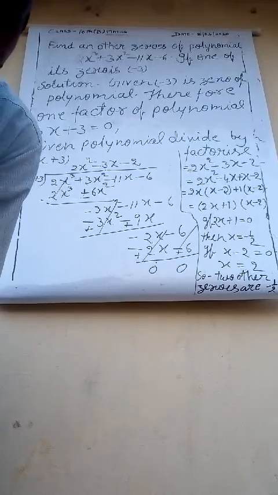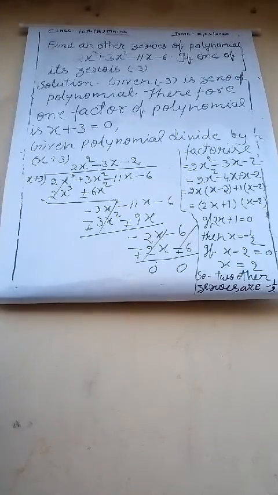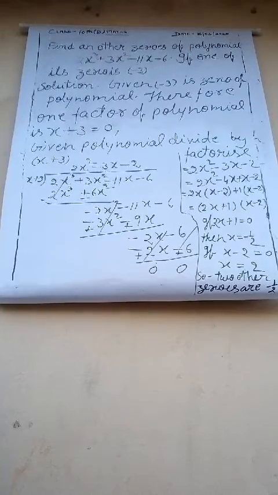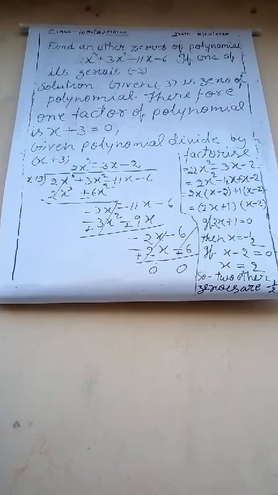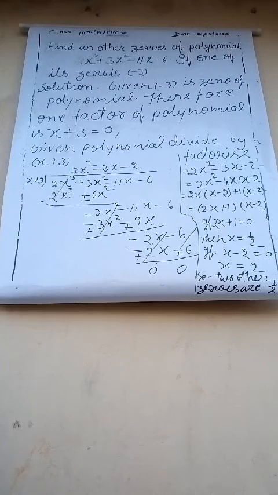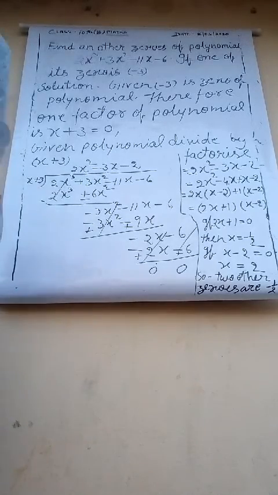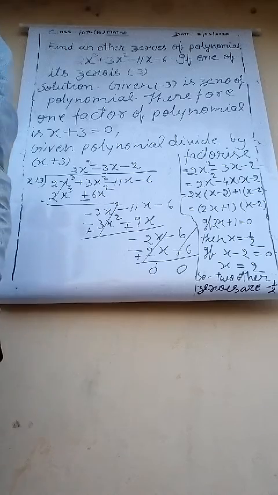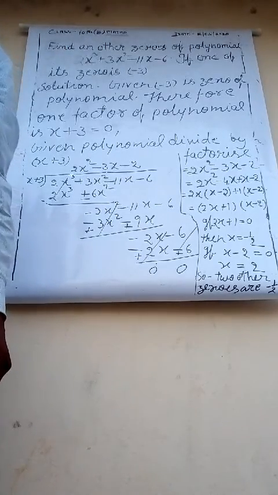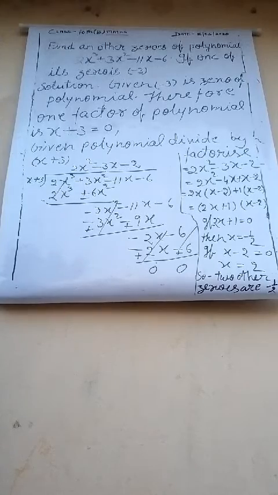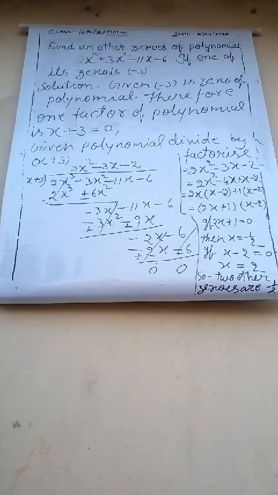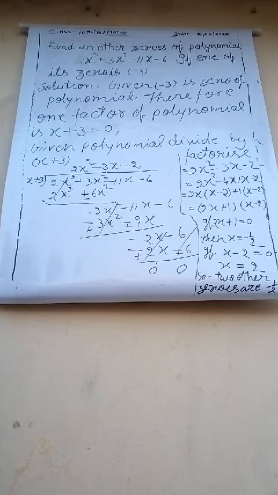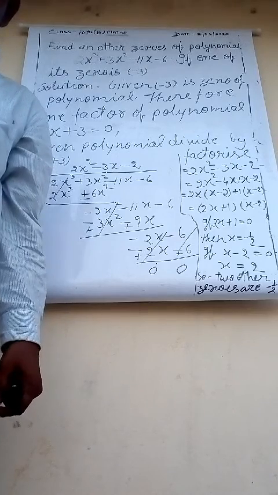In exercise 2.3, question 3: obtain all other zeros of 3x power 4 plus 6x cube minus 2x square minus 10x minus 5, if two of its zeros are root 5 by 3 and minus root 5 by 3. The same rule applies in this question.